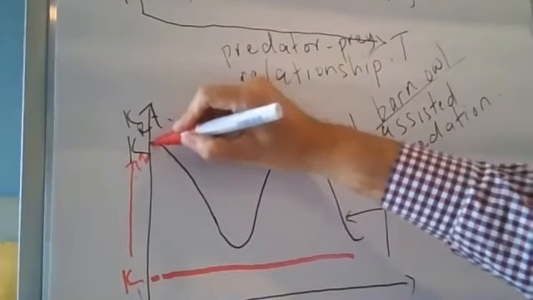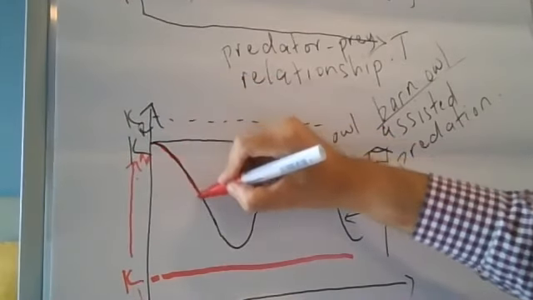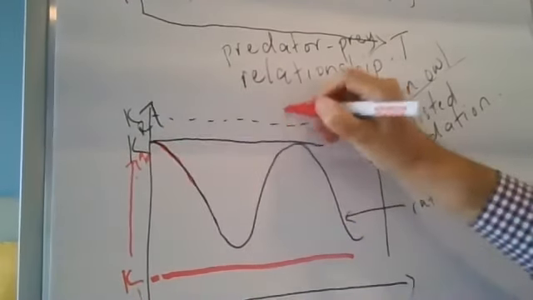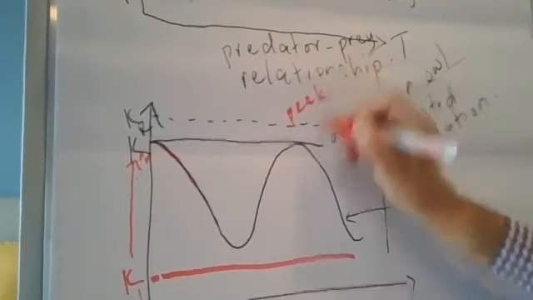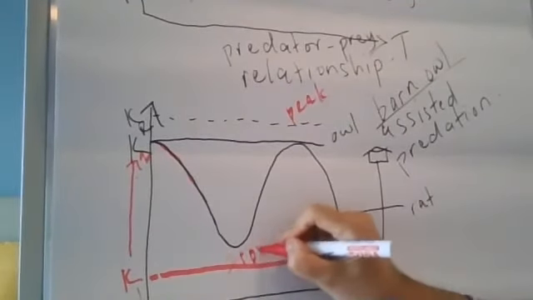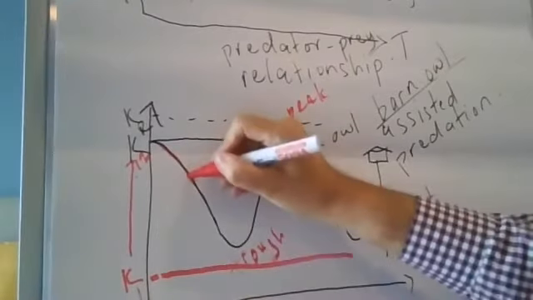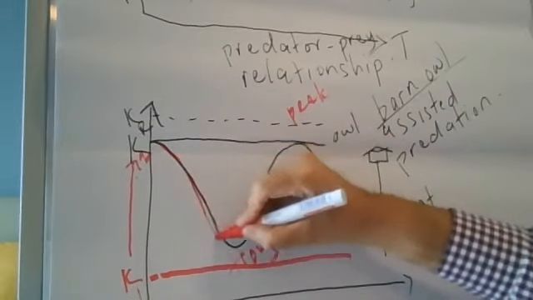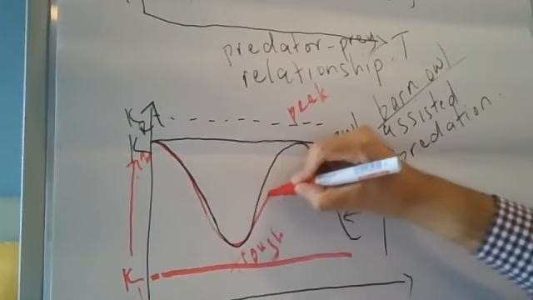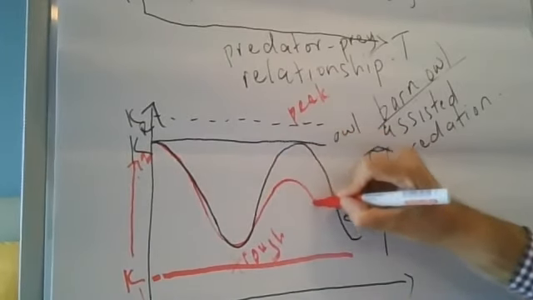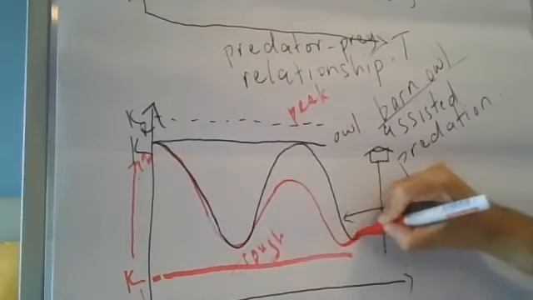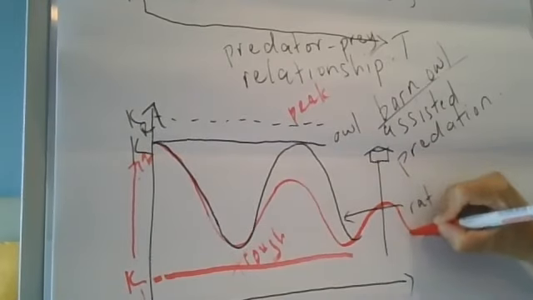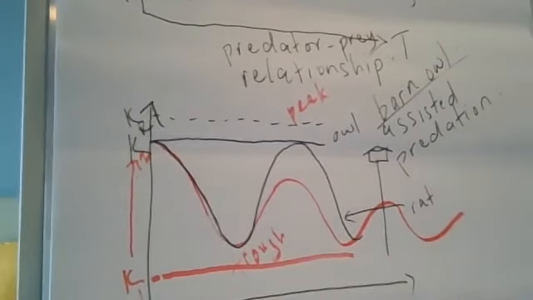In fact, over time, you will see this. The rat population will actually, this is called the peak, and this is called the trough, T-R-O-U-G-H. As time goes by, if you are able to sustain the owl population, you will see the peak becomes lower and lower over time.